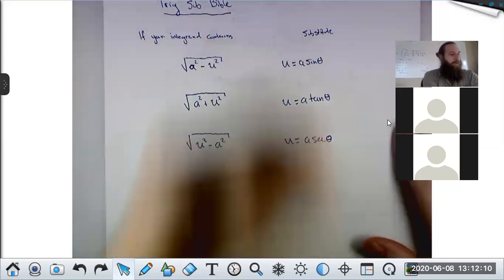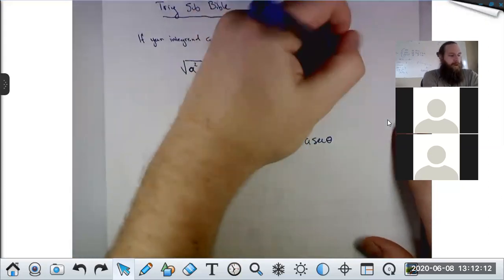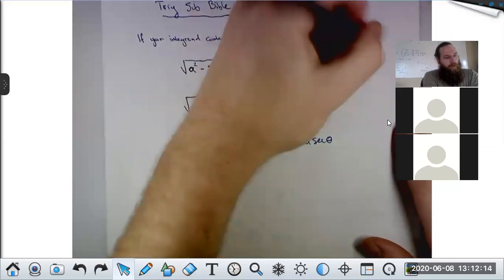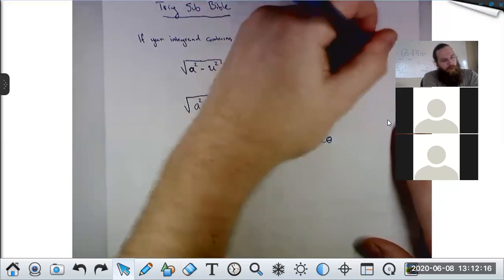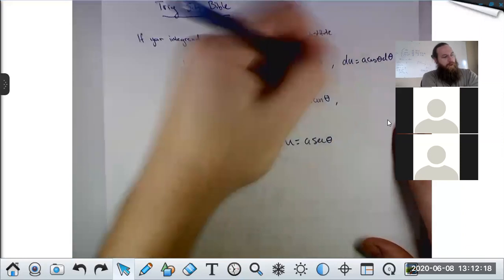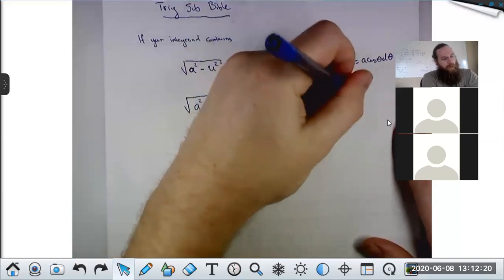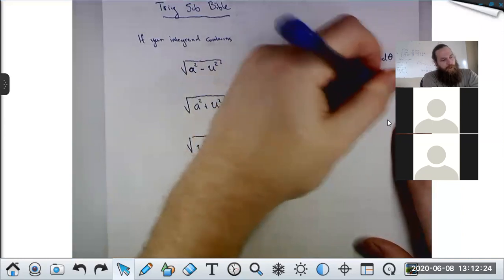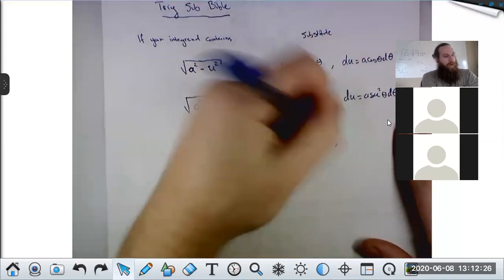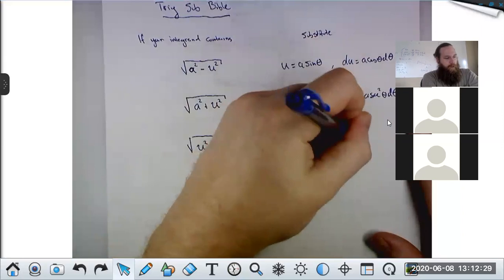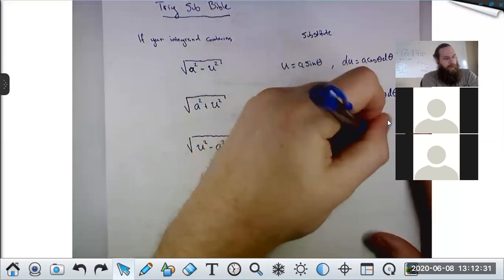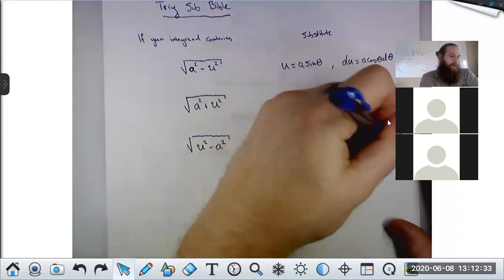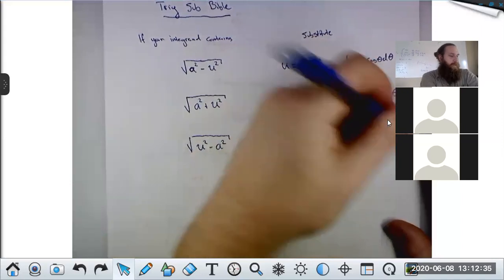It's important that you don't forget the differentials. If u is a sine theta, then du is a cos theta d theta. If u is a tan theta, then du is a secant squared theta d theta. And if u is a secant theta, then du is a secant theta tan theta d theta.